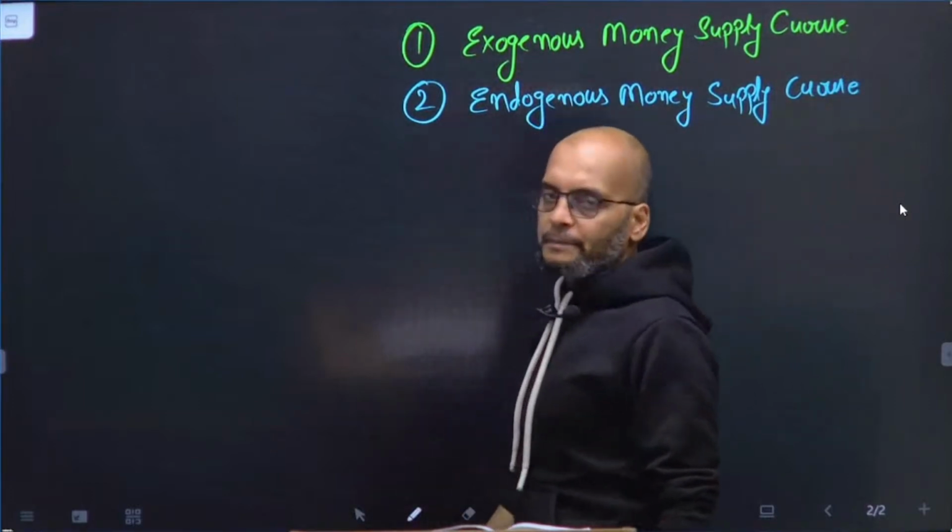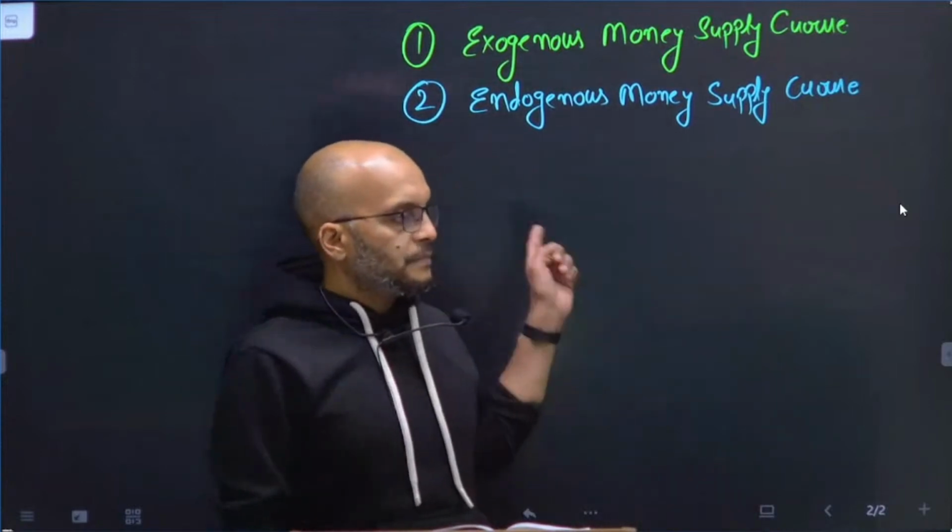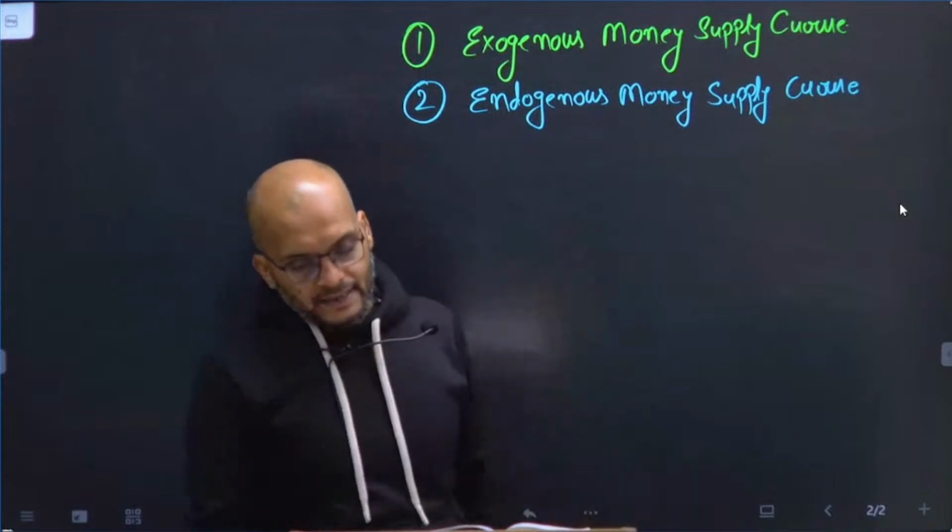Exogenous is not dependent on CD and ED. Endogenous is dependent on ED and CD. Clear?